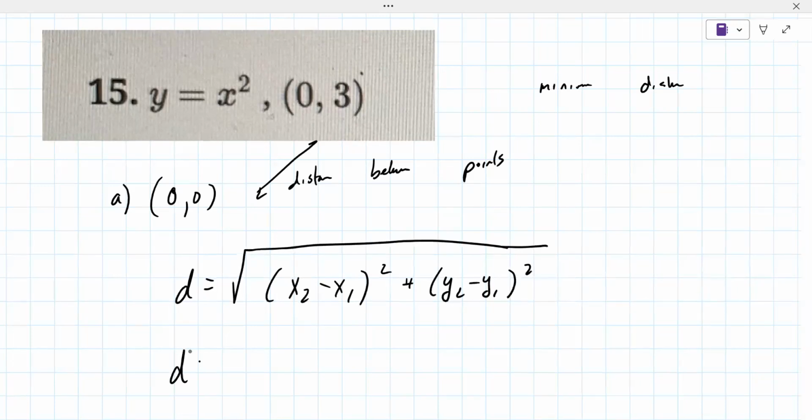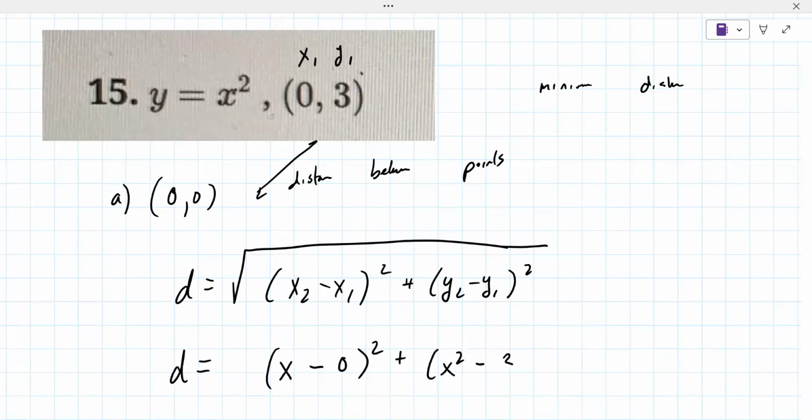In this case, we'll treat this as x1, y1. So we'll go x minus 0 squared plus, now instead of y, we're going to use y equals x squared, which is kind of the awkward part of this problem.